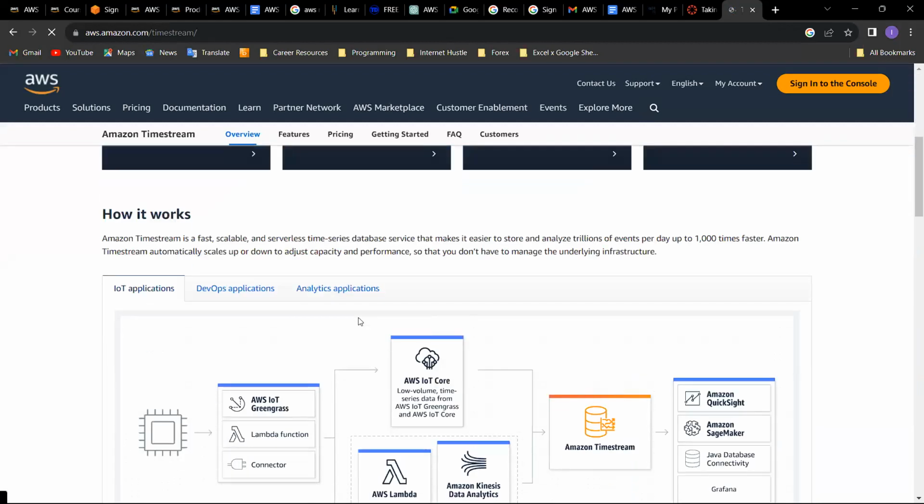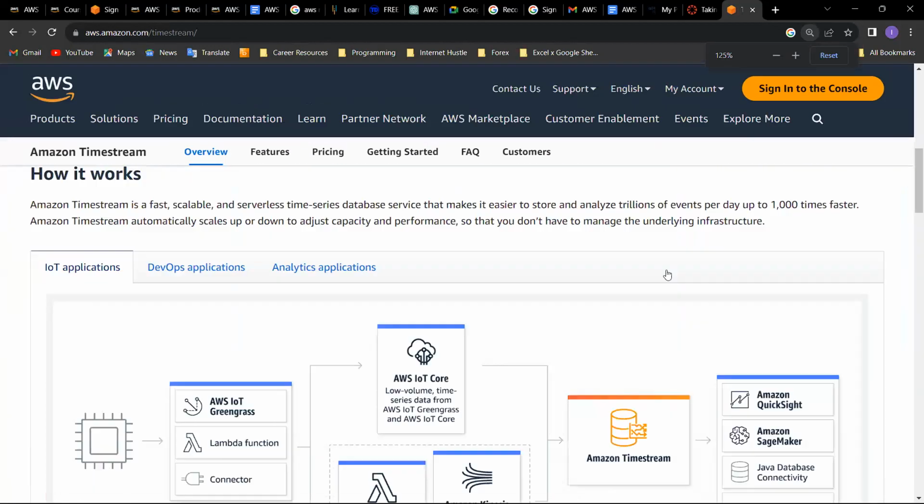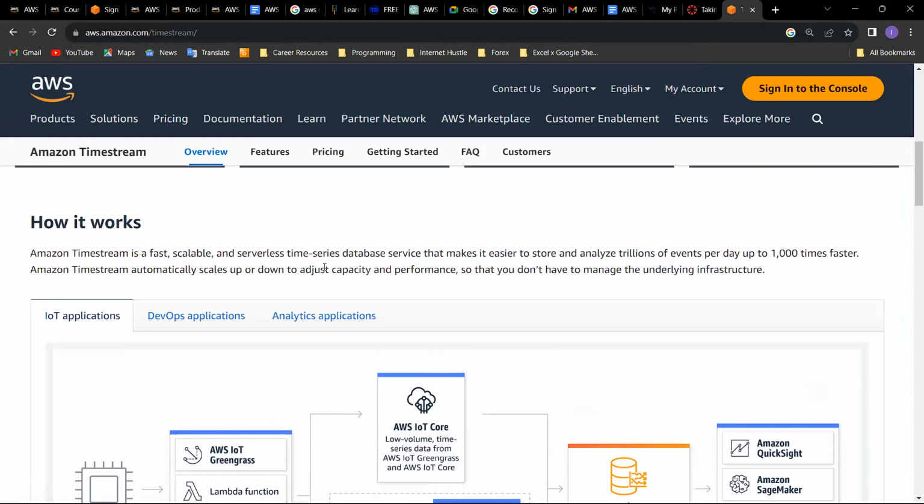Eventually, you search Macie, that Macie thing. Yeah, Macie, okay. So it makes it easier to store and analyze trillions of events per day, up to 1,000 times faster. Amazon Timestream automatically scales up or down to adjust capacity and performance so that you don't have to manage underlying infrastructure.